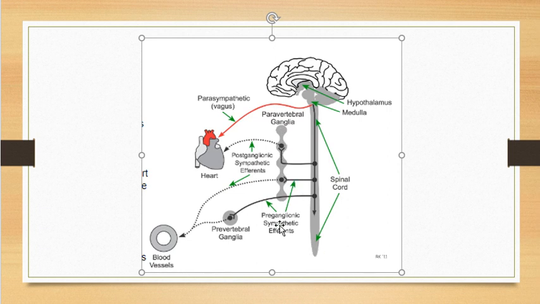These are the preganglionic efferent neurons, right? Then another second neuron coming out of these ganglia innervates the effector organ. So these form the postganglionic efferent neurons.